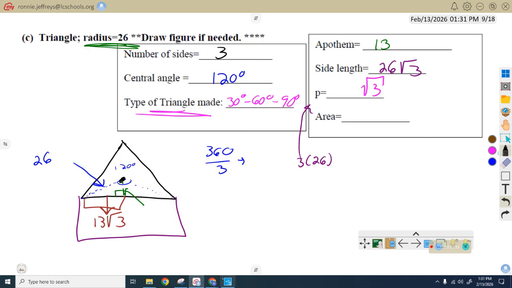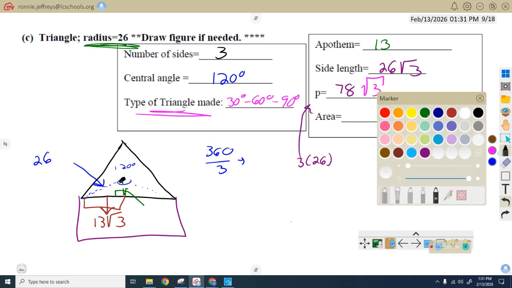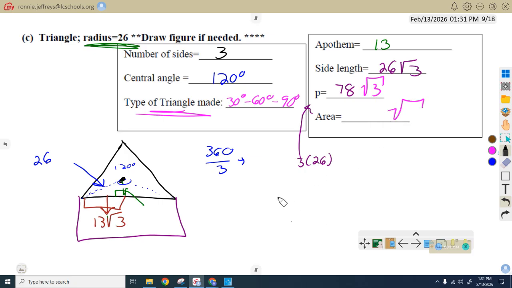All right. So this is 78. And our area would be 1/2 times 13 times 78.